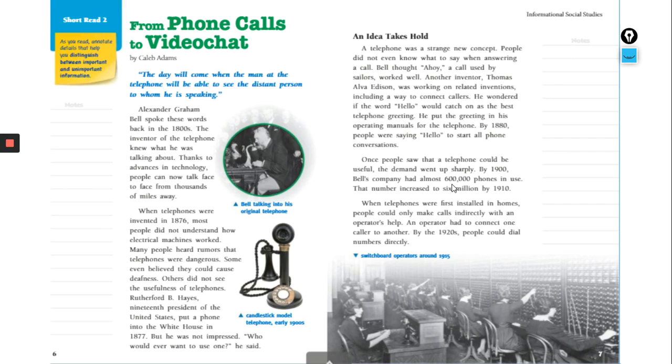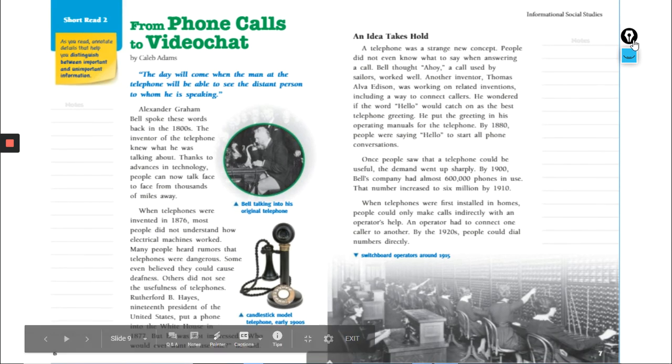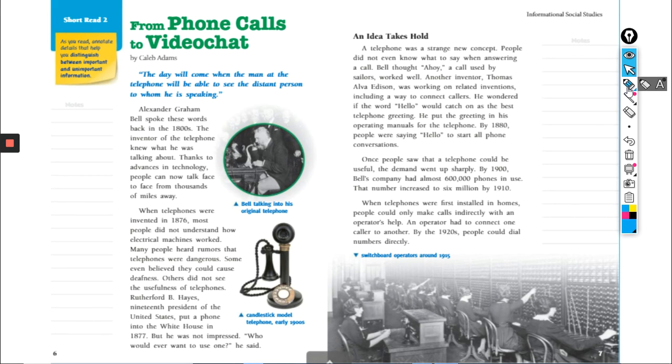Once people saw that telephone could be useful, demand went up sharply. By 1900, Bell's company had almost 600,000 phones in use, and that number increased to 6 million by 1910. So dates are really great when we're talking about sequential order because they're giving us an actual timeline.